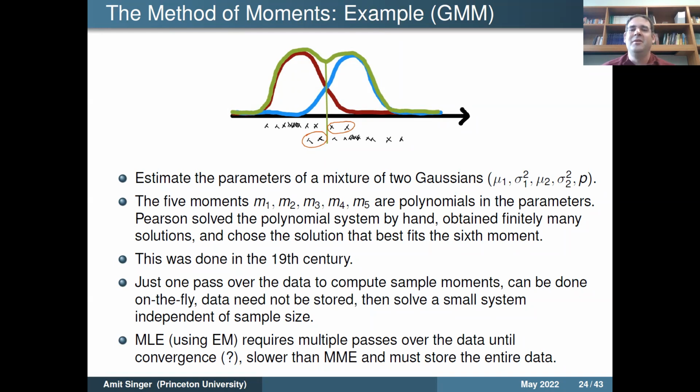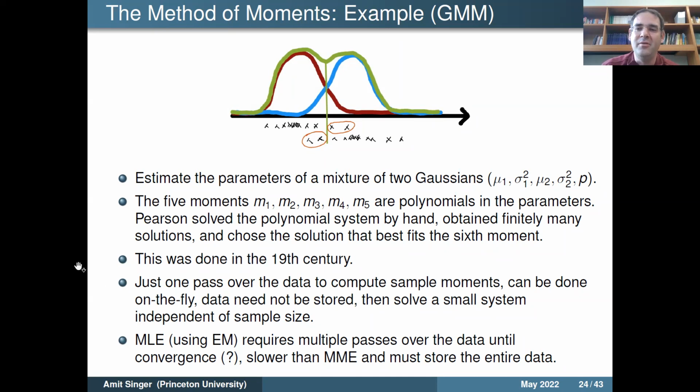Alternatively, if you want to do maximum likelihood estimation, say using EM, then you would need multiple passes over the data until convergence, and in this case it's definitely going to be slower than the method of moments. Also, an advantage of the method of moments is that you don't even need to store the entire data.